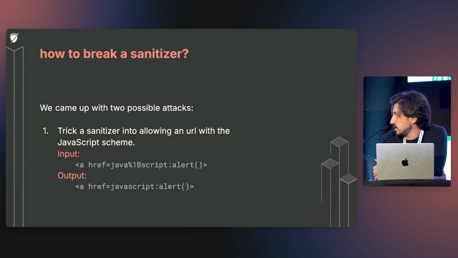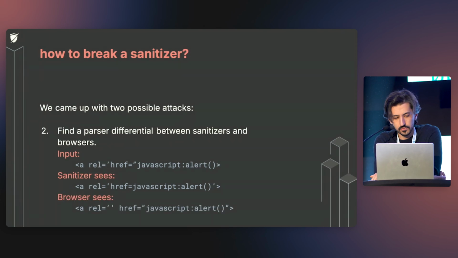If you insert the HT control character in the middle of this protocol name, you will get out an XSS payload. And the second option was to find a parser differential between the browser and the sanitizer. The idea here is that for the same input, the sanitizer will see a tag with some attributes, and the browser will see a tag with another set of attributes.